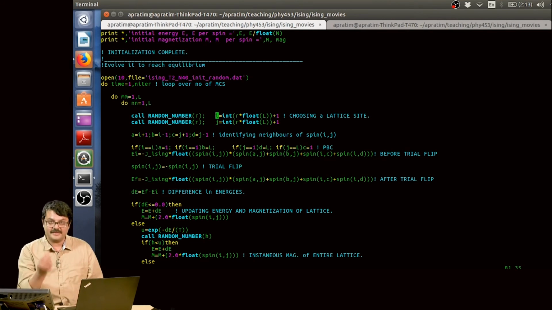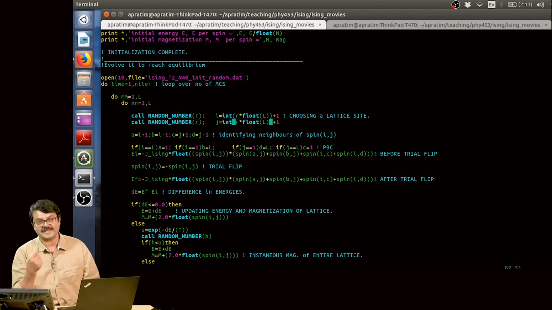Generating a random number between 0 and 1, multiplying it by L, so you have a random number between 0 and L, then take the integer, and by doing a plus 1, and you should think why I am adding a plus 1, or if you delete it what happens, I am basically choosing a random coordinate in the x direction, and here I am choosing a random coordinate in the y direction. So, I am choosing a random lattice site i and j.